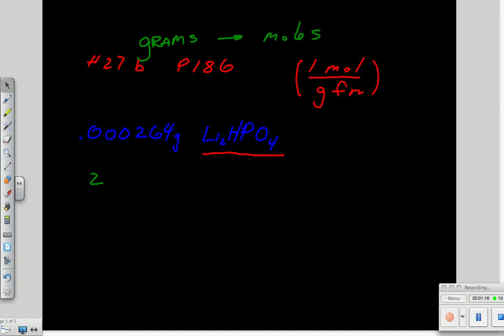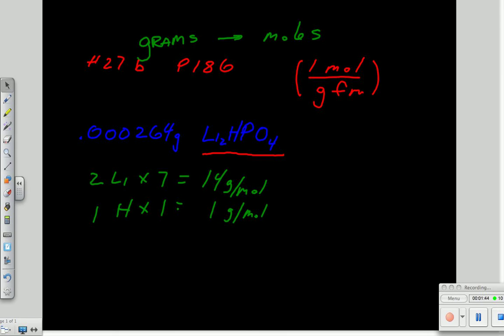Now I'm going to have 2 lithiums, and each lithium weighs 7 grams per mole, so that's going to equal 14 grams per mole. I'm also going to have 1 hydrogen, and hydrogen weighs 1 gram per mole, so that'll simply be 1 gram per mole.